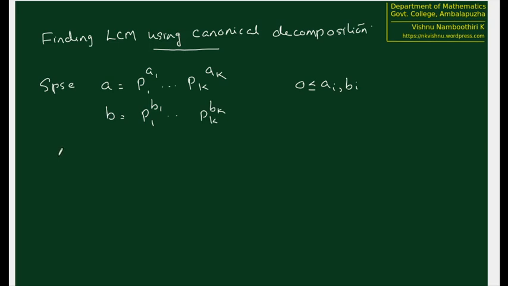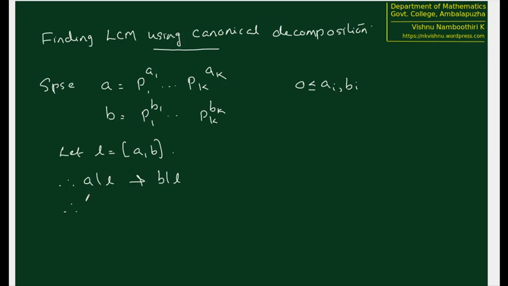Okay, now let L be the LCM of A and B. Therefore L is a multiple of A and L is a multiple of B. Therefore A divides L and B also divides L, and L is the least having this property.